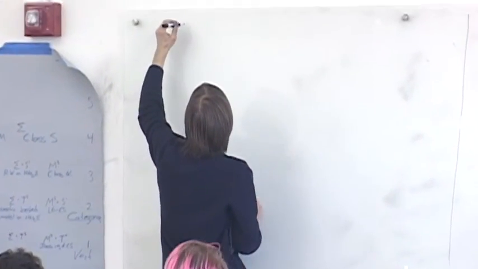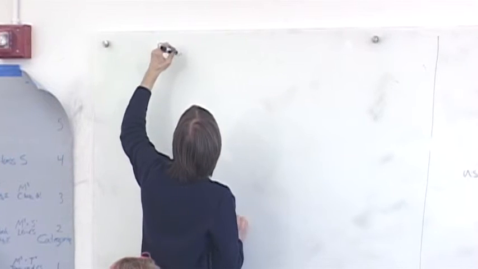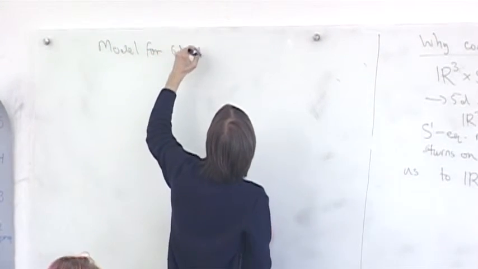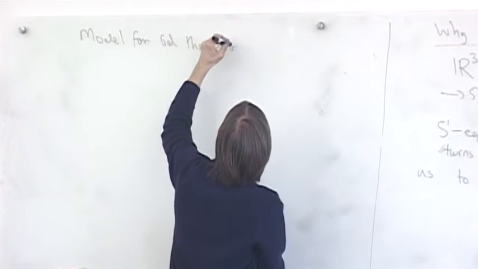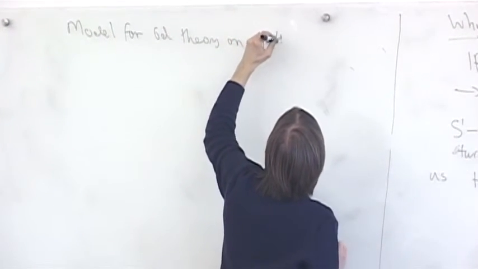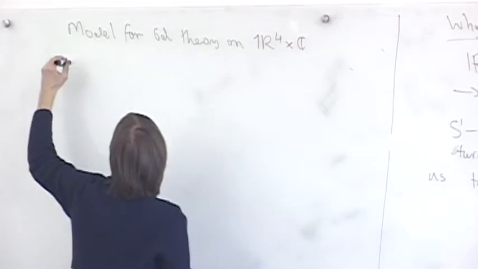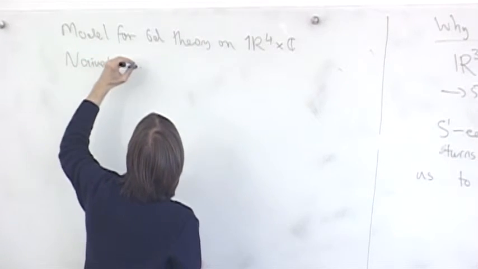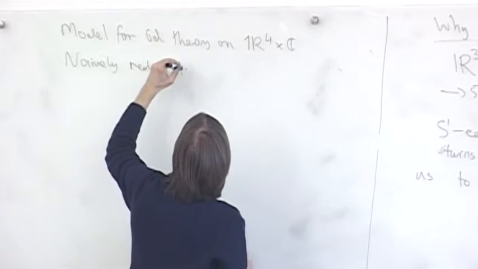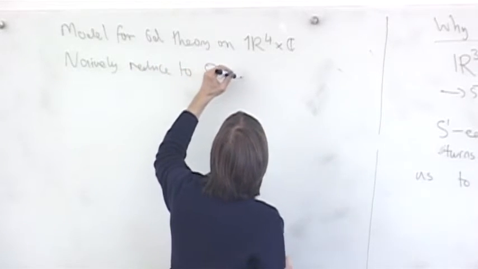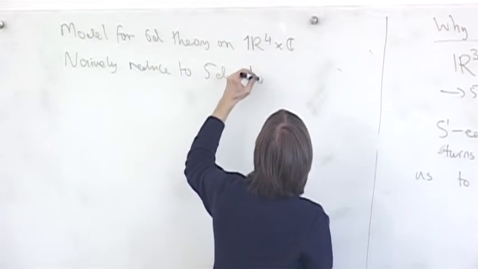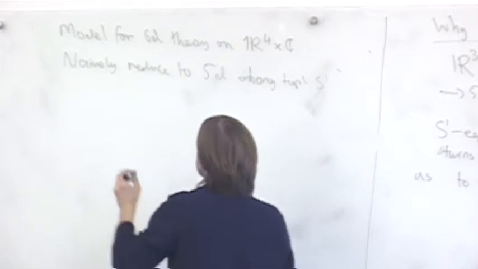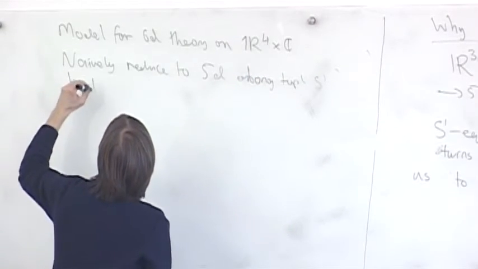Suppose we take our model for a 6D theory on R4 cross C, and suppose we naively reduce to 5D along a topological S1 by taking Hochschild homology of local operators.